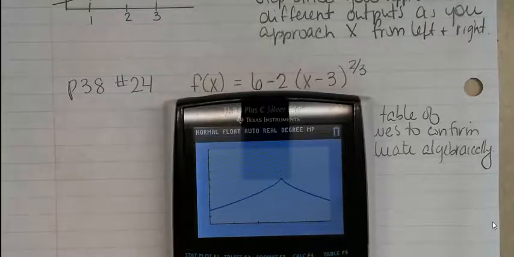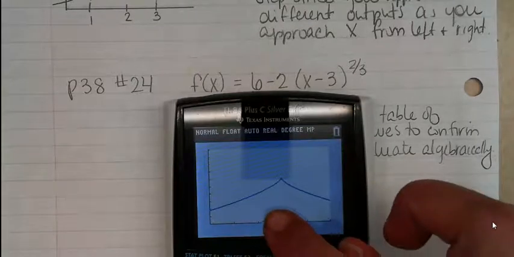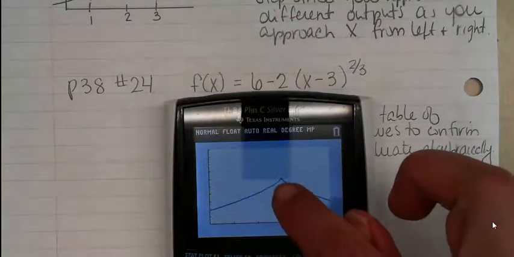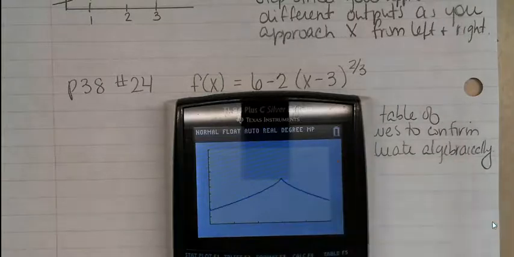Right, because you've done a few problems in pre-calculus. You're going to do a few more problems tonight in your homework, or tomorrow in your homework. So I look at this graph and I'm saying, oh look, from the left and from the right, it's approaching something. Let me go into my table to be more precise with that.